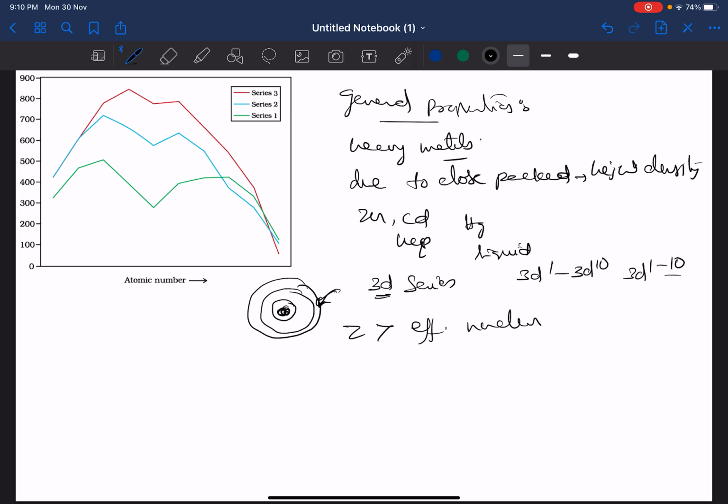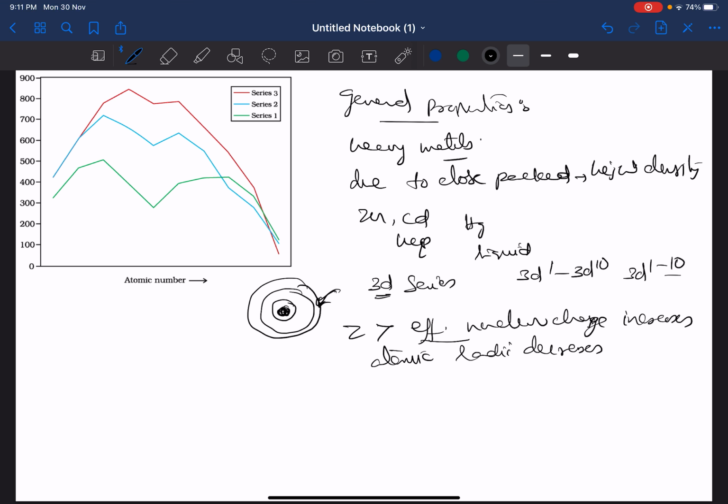The effective nuclear charge increases as the atomic number increases, so the atomic radii decreases, due to the increasing effective nuclear charge over the nucleus.